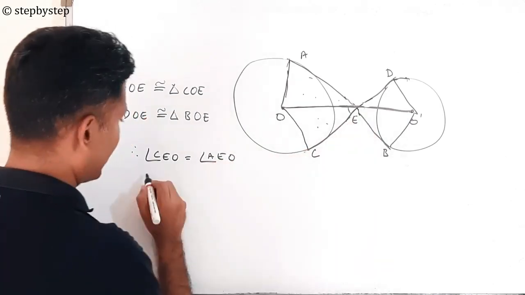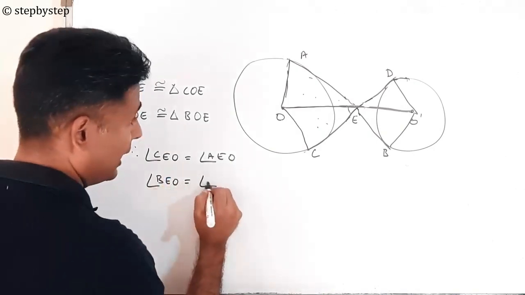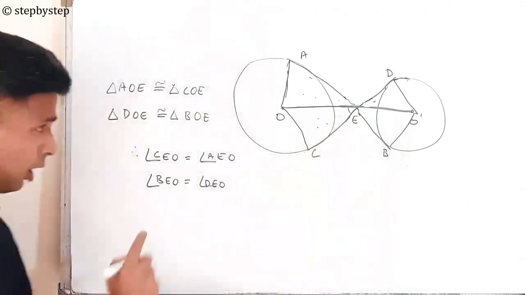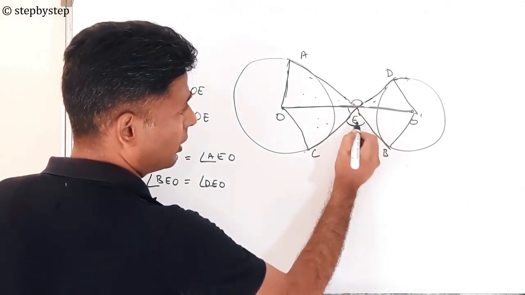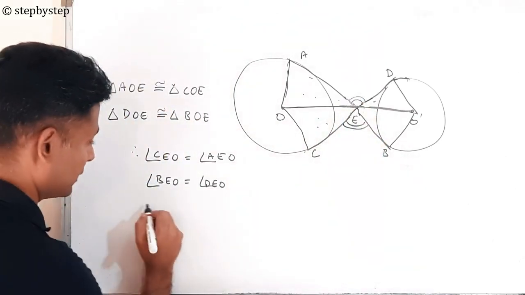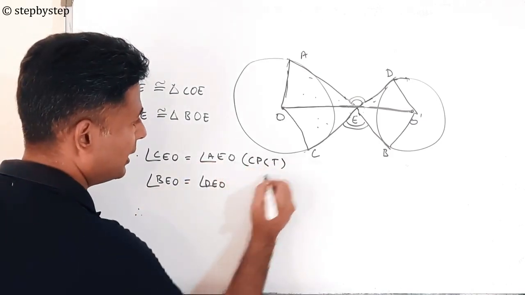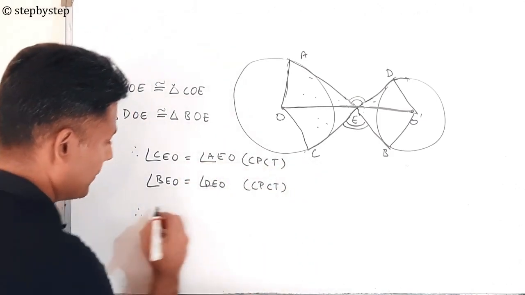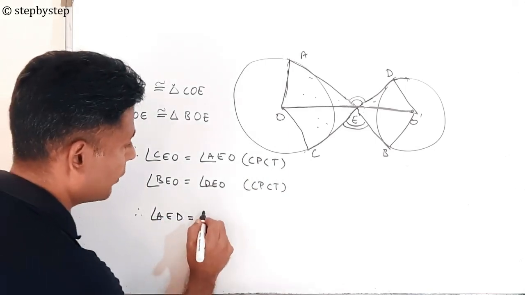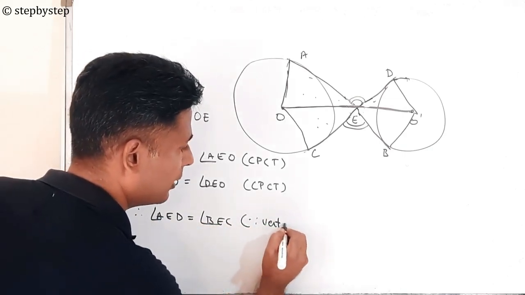And here I get angle BEO equal to angle DEO. So this angle is equal to this angle. Also, we have this angle equal to this angle. Can you tell me why? Vertically opposite angles. So here, because of the congruency, you can write CPCT. Here also you can write CPCT. And we can write angle AED equal to angle BEC because they are vertically opposite.